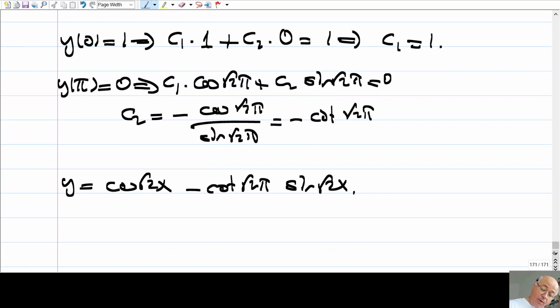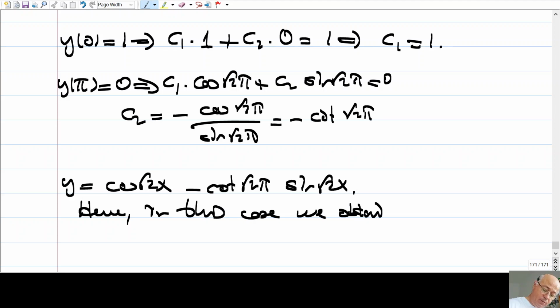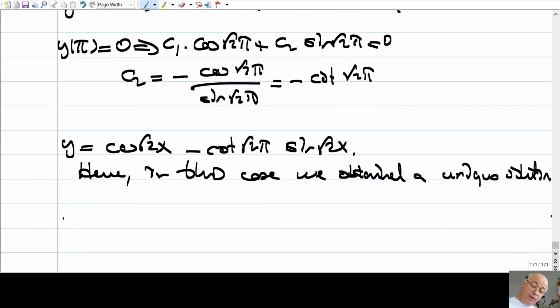So hence in this case we obtained a unique solution. Okay. Let's see another one.